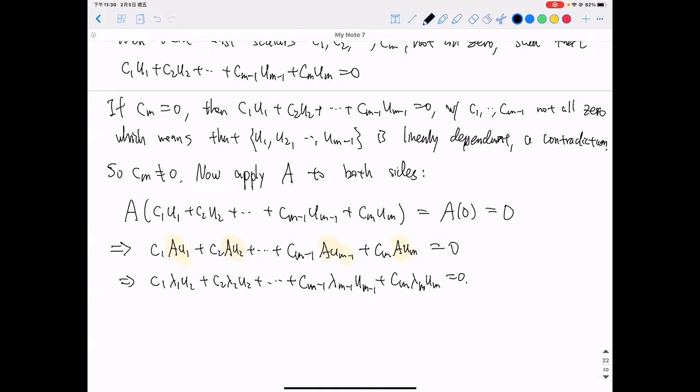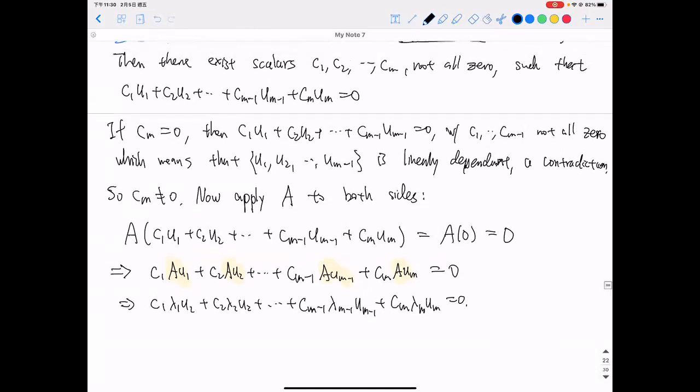Okay. So what? For the sake of discussion, I should label this equation. This is my equation, and let's label it by star.